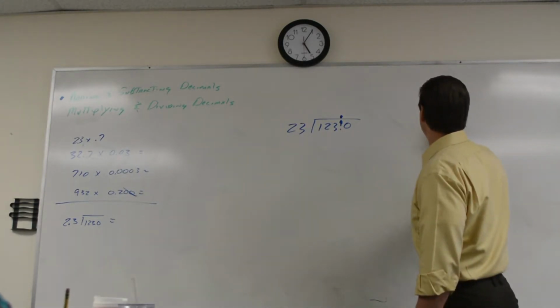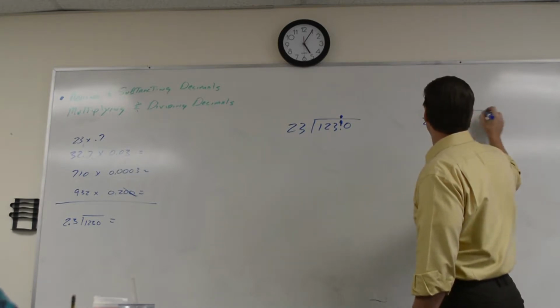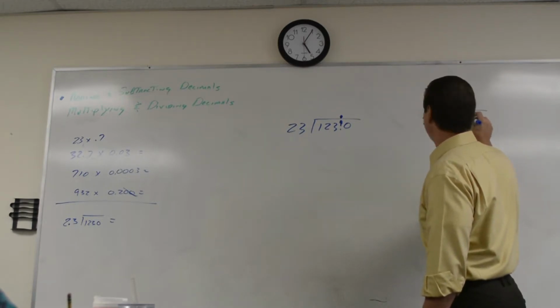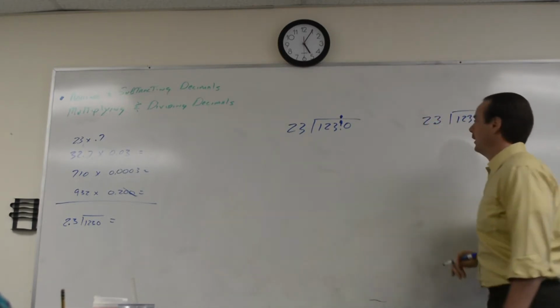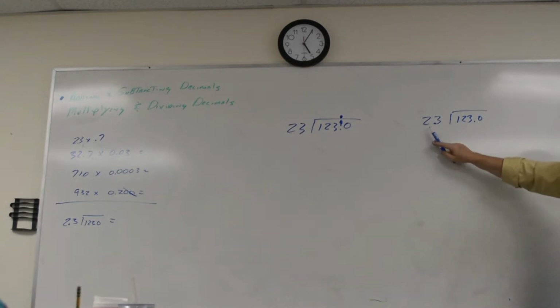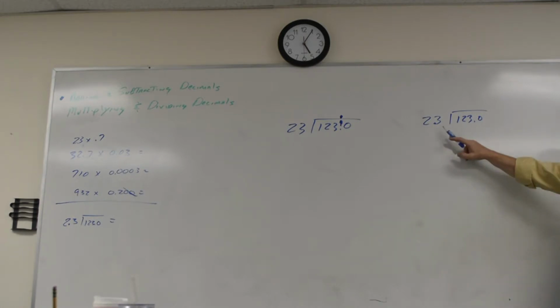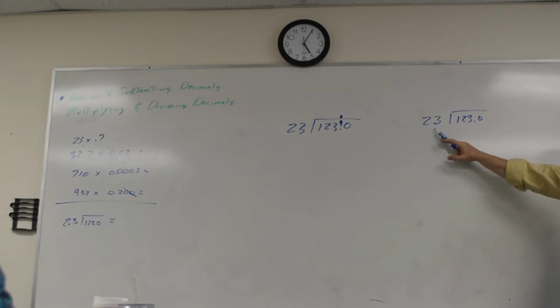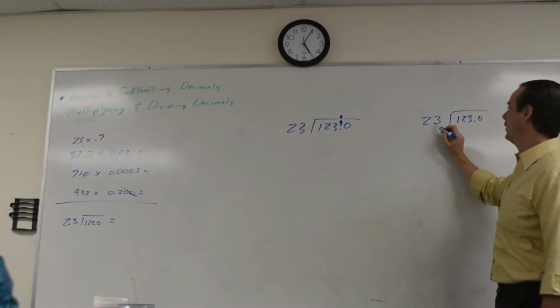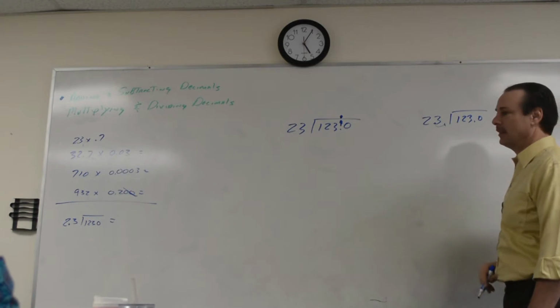Now we have 2.3 into 123.0. In this case, we have a decimal point in our divisor. Technically, when we're dividing, we can't have a decimal point in here, so we have to move this one place to the right.